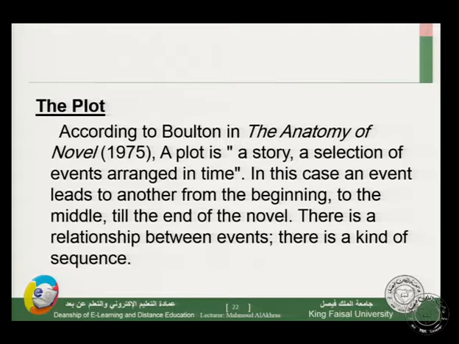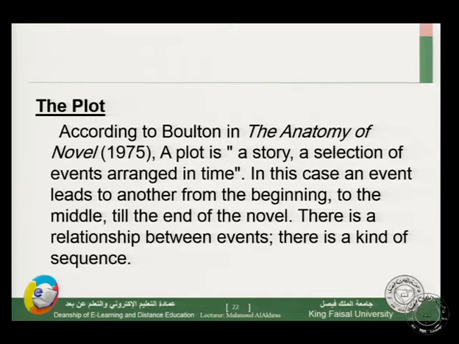Now let's see a third element of the novel, which is the plot. So again, you remember, we started with characters, point of view, then we switched to setting, after that theme, and the last one, which is plot. The plot.